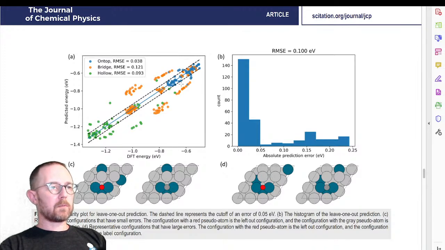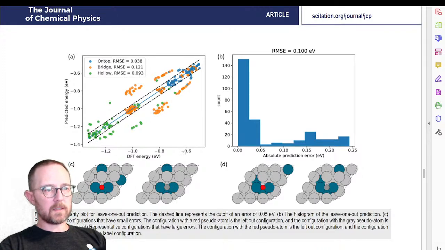It doesn't look wonderful in terms of the parity plots I showed you before, but there's a lot that have a very small error in here, and then there are a couple that are outliers, but these are bridge sites and hollow sites, and these ones are not quite as common to be seen. And maybe what's important is that they're all negative, right?